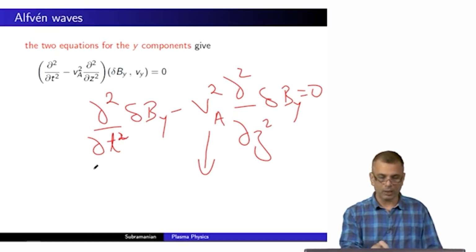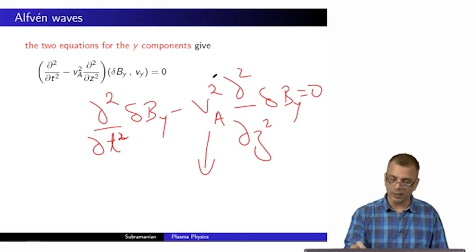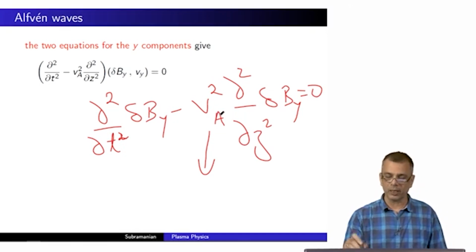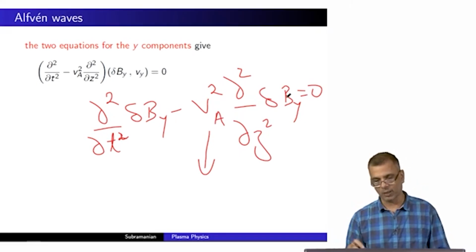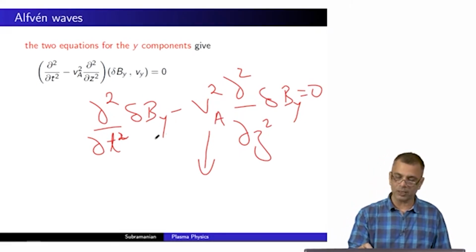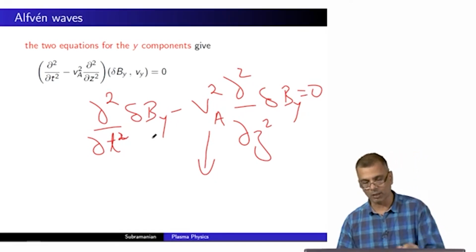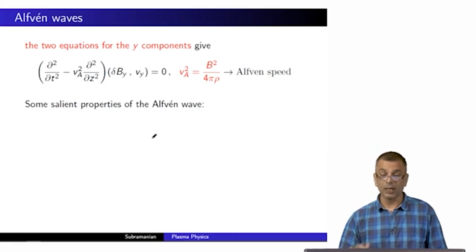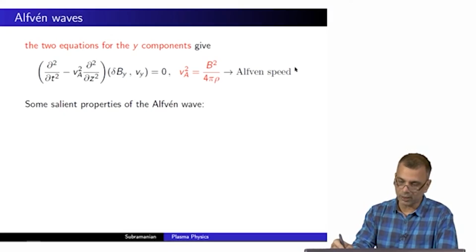So, you have an equation which looks like d squared dt squared of delta By minus this quantity Va squared times d squared dz squared of delta By equals 0, or the very same equation with delta By replaced by Vy. That is it. Where this all important thing Va squared, this is the Alfven speed.